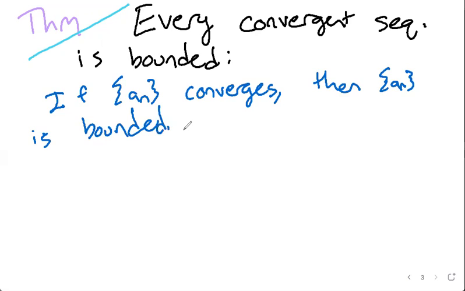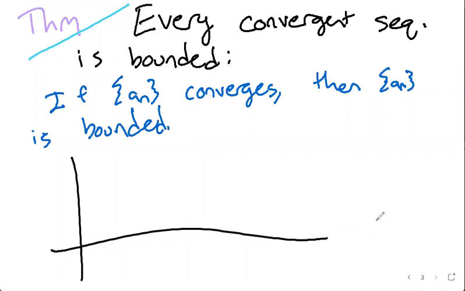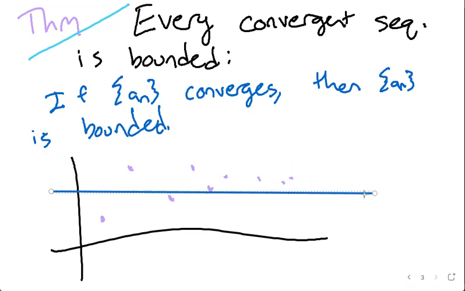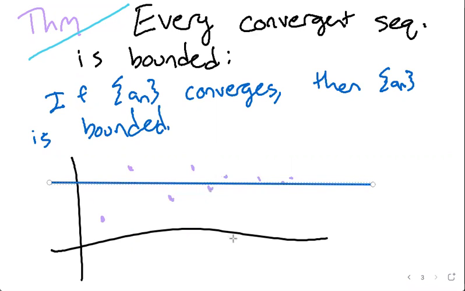There's a formal proof from the book that I could go through, but I don't think I really want to. Let me just show that if our sequence is converging to some value, like this value right here, it's going to be bounded.